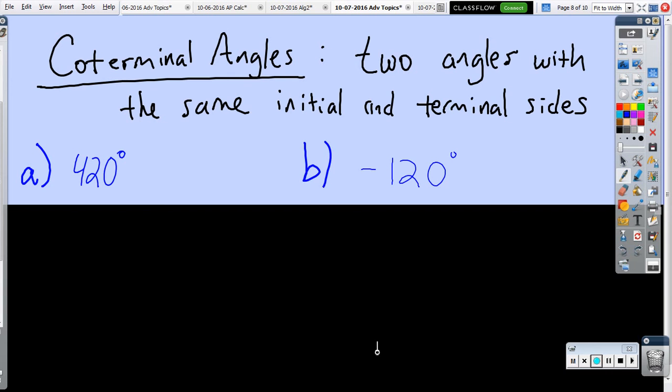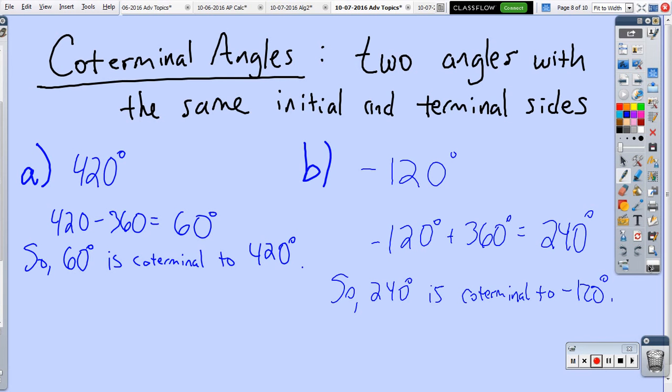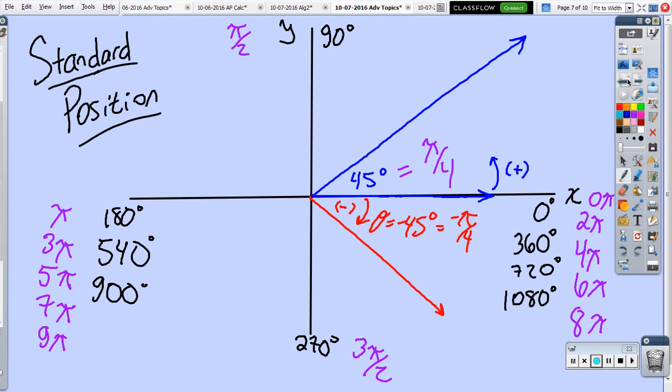So let's talk about why this one's 240. Don't let the negative throw you off. Negative 120 would end up somewhere over here. Think about if you went this way instead: as long as it lands in the same terminal side, that's a coterminal angle. So think about the absolute value. 120 this way is the same thing as 240 this way, because 240 and 120 make 360.